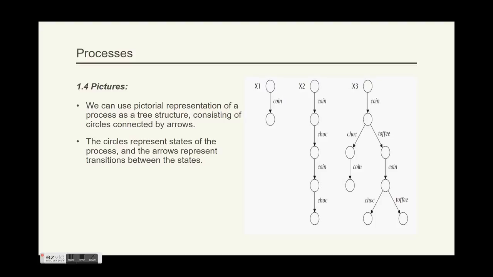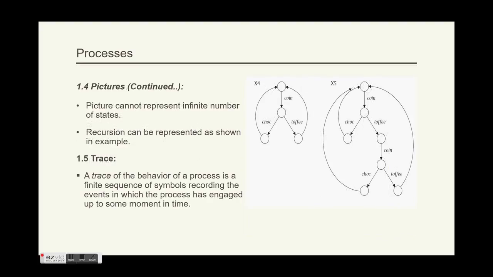In the first example, when the customer inserts the coin, a state transition occurs, and it goes to the next state. The second example shows a sequence of events of the vending machine serving two customers successfully. And the third example represents a complicated vending machine which offers the customer two choices of chocolate and toffee.